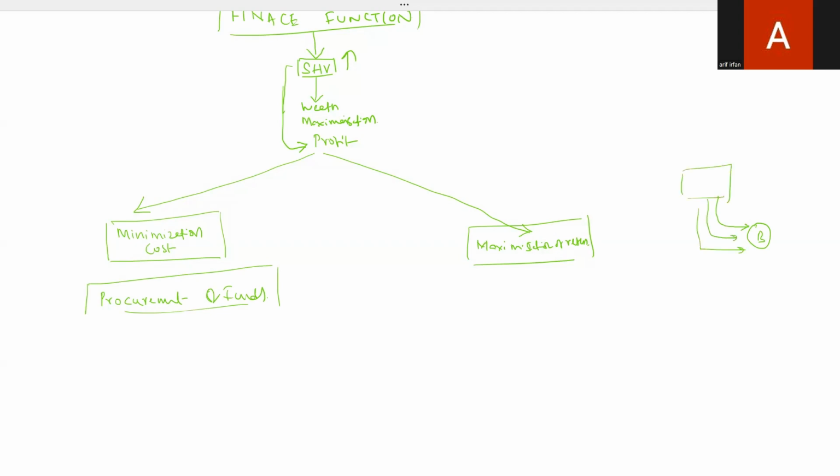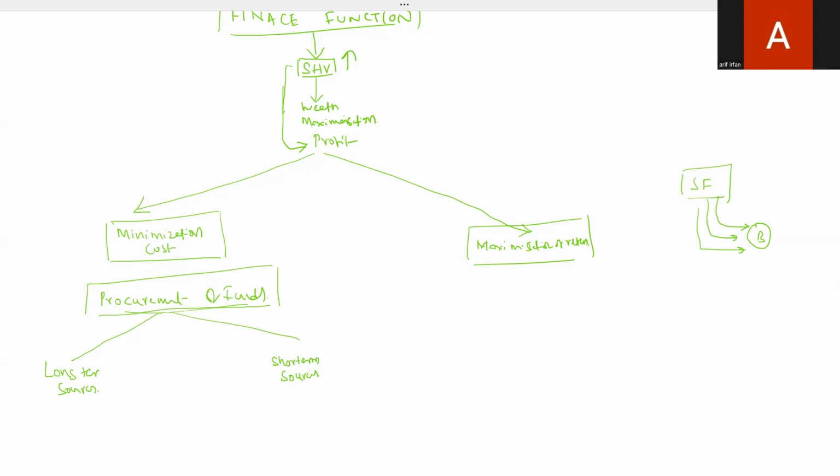What are the sources of funds? That is called procurement of funds. So we have two types of funds here. One is long-term sources. Another is short-term sources of funds.